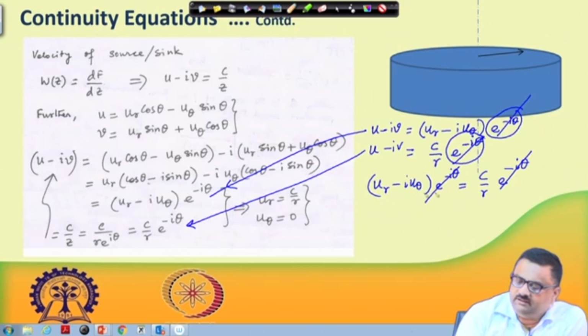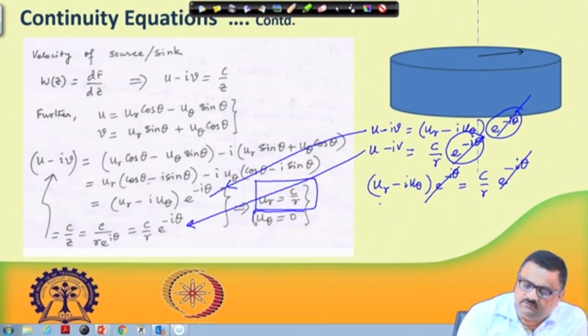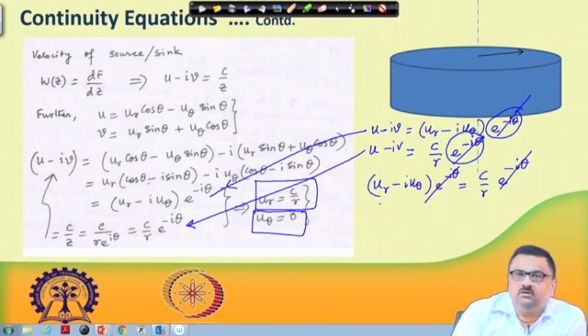If we match real with real and imaginary with imaginary, there is no imaginary part on the right hand side. So, u r, the real part on the left hand side, has to be equal to the real part on the right hand side. That means u r is equal to c by r. And u theta, the imaginary part on the left hand side, has nothing to match on the right hand side. So, u theta is equal to 0. So, u r is basically c by r and u theta is equal to 0.